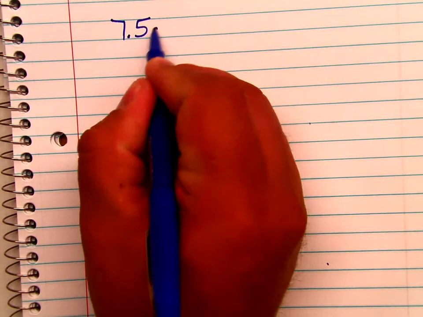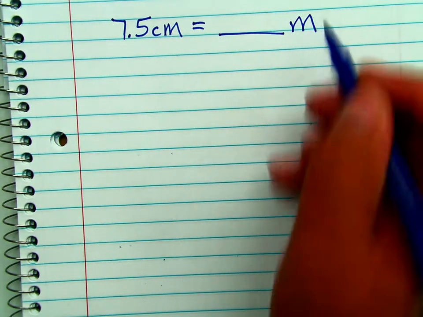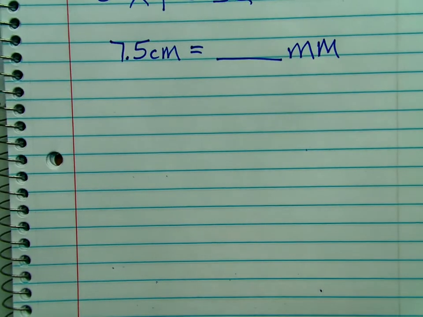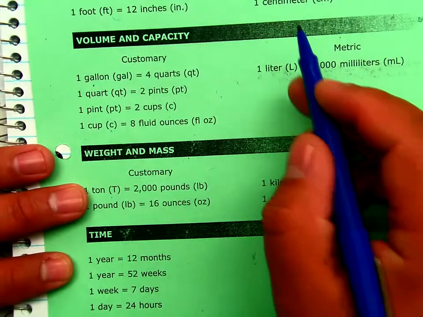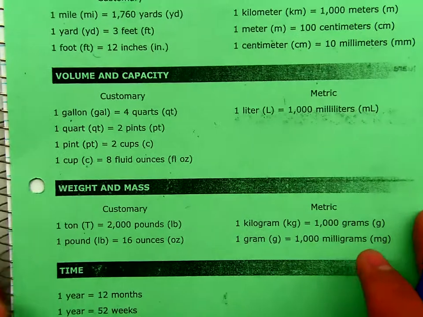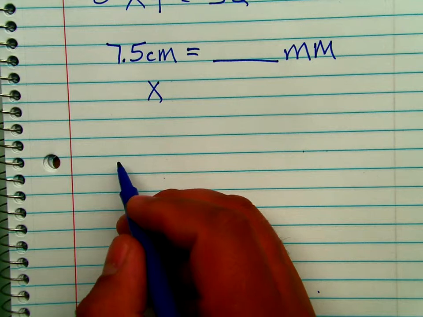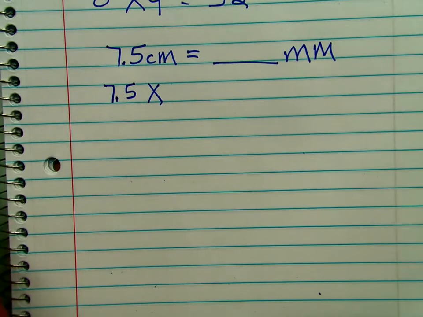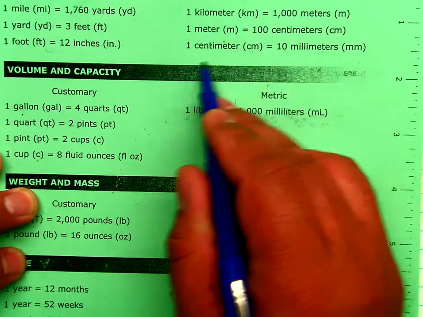7.5 or 7 and 5/10 centimeters equals how many millimeters? 7.5 centimeters equals how many millimeters? Well, going from centimeters to millimeters, I can see that centimeters are bigger. So big to small is multiply. So I'll be multiplying. And I bring my number they gave me down, 7.5. And I'm multiplying that by how many millimeters are in a centimeter? 10.